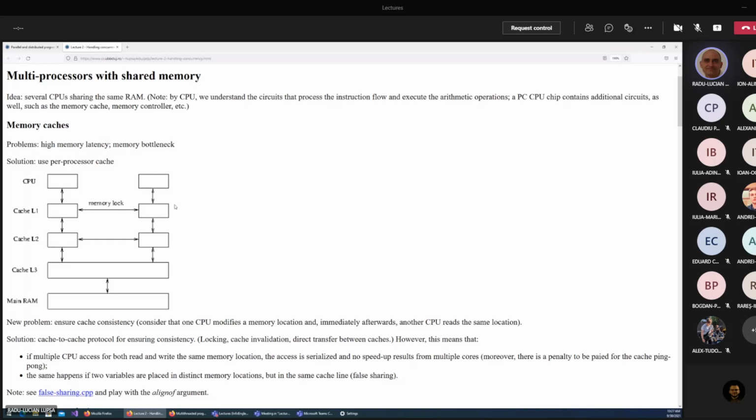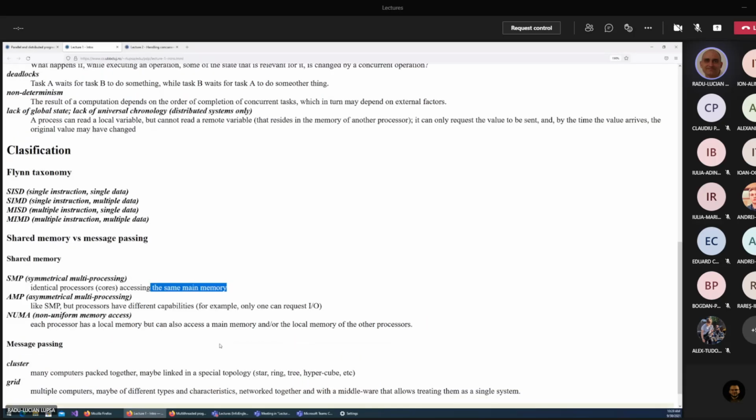I said we have identical processors that access the same main memory. And this is the model that we have in a program with multiple threads, where each thread can access the same variables as the other threads. So the global variables are the same, the heap is the same. If one thread passes a pointer to another thread, the other thread can access the same variable.